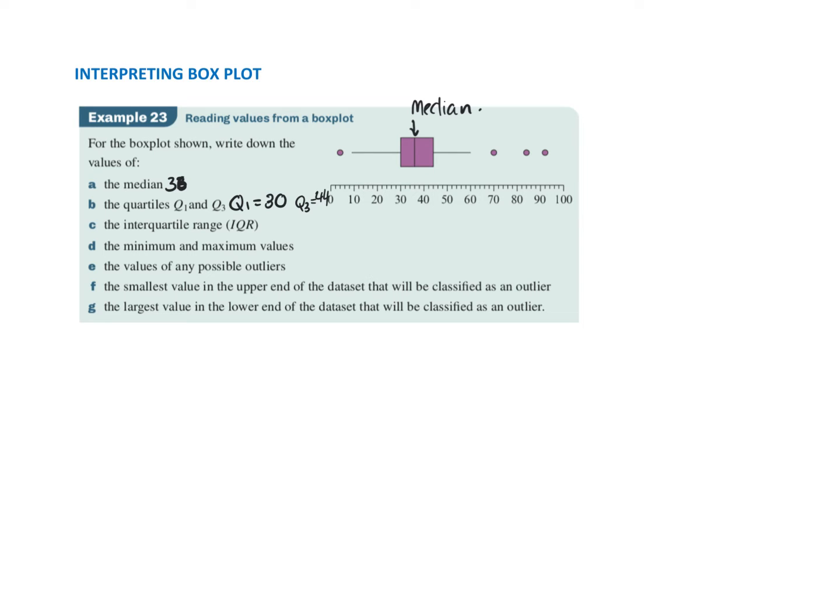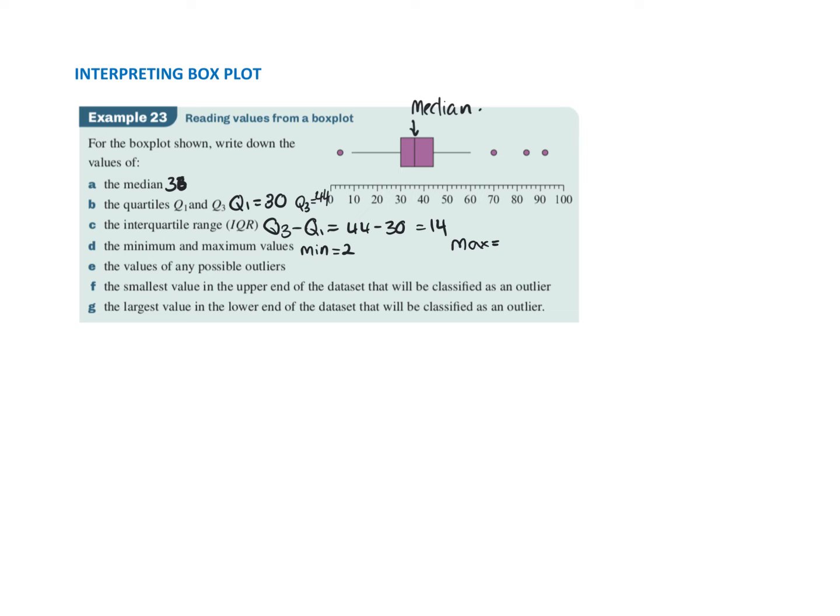Okay, so the interquartile range, when they ask me that, we know that's Q3 minus Q1. So you just said that was 44 minus 30, so that would be 14. And then it says, what's the minimum value? That outlier is the minimum down the bottom. And what's that one? Maybe 2. And the maximum value is probably 91.